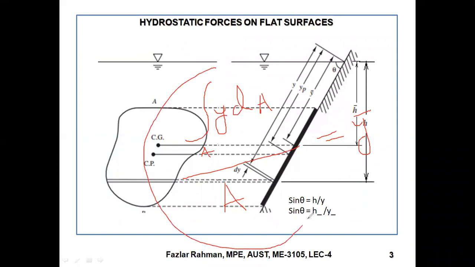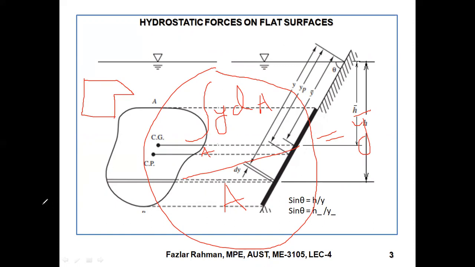This one is from your engineering mechanics: how we figure out the CG of a body that is made of multiple types of body. Say you have this kind of structure.